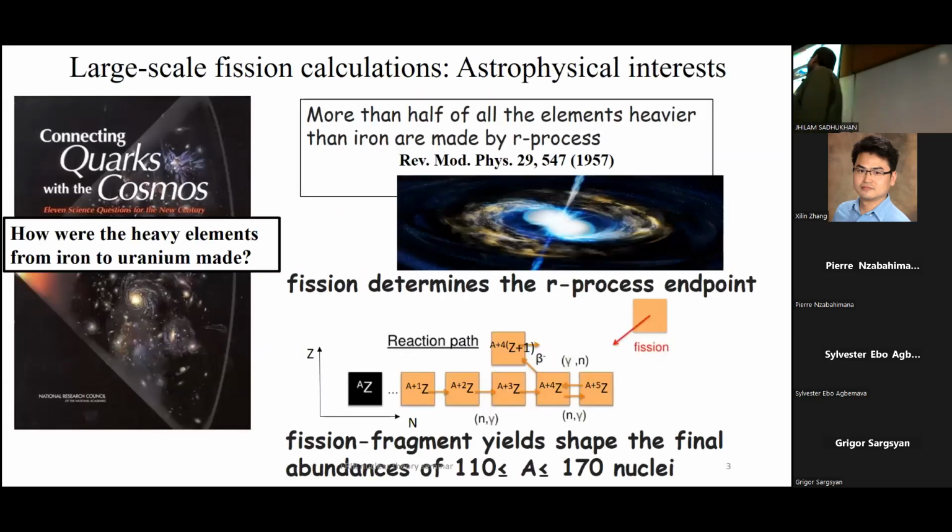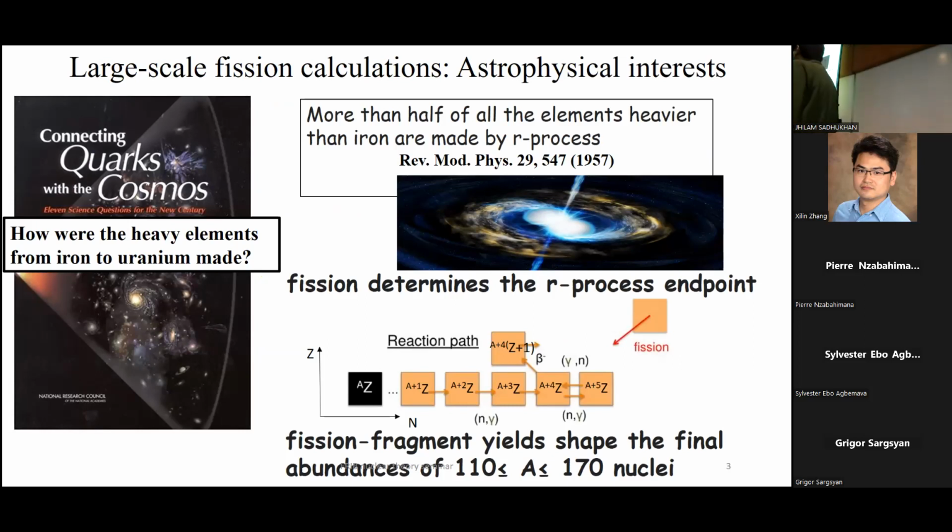Okay, so we know that one of the big questions of this century is how the elements from iron to uranium are made, and it is now well believed that these are made through R process nucleosynthesis. This type of process can happen in neutron star mergers or similar environments where we have a highly neutron-rich environment.